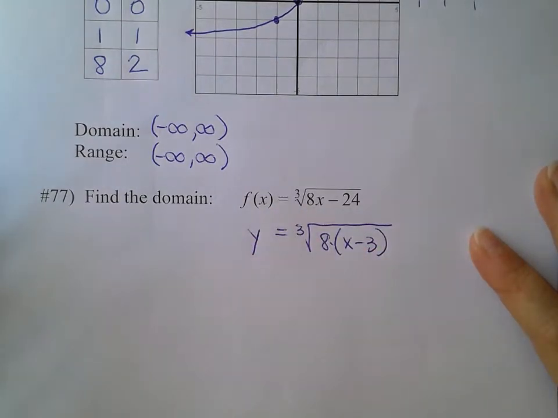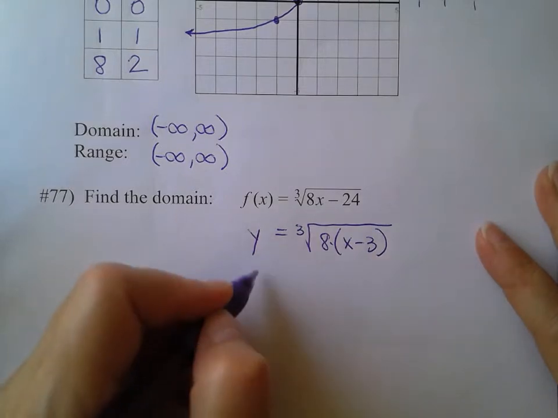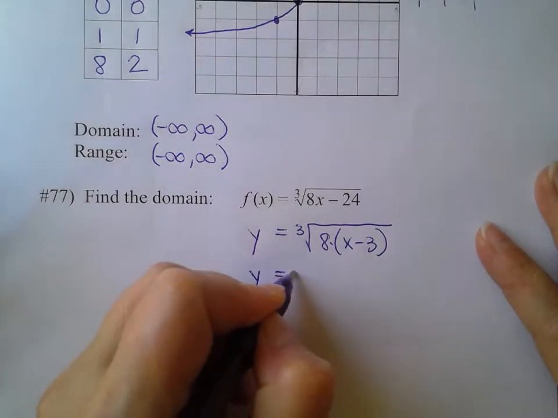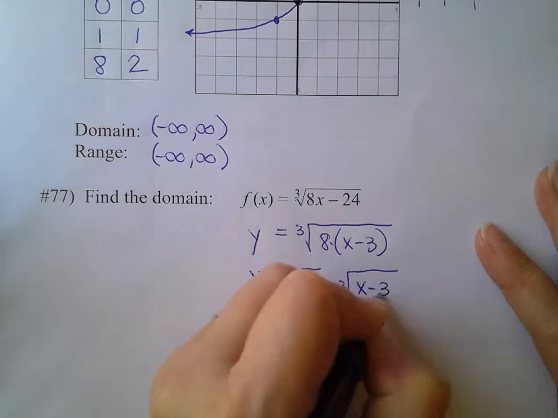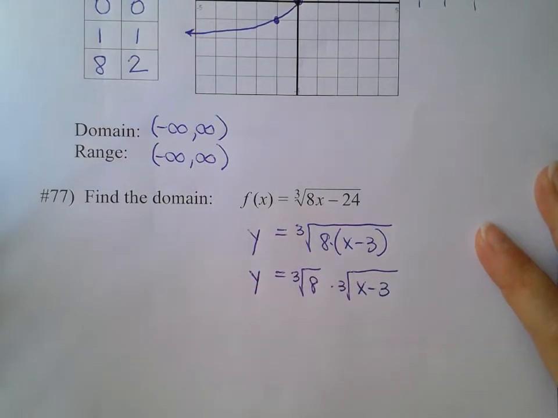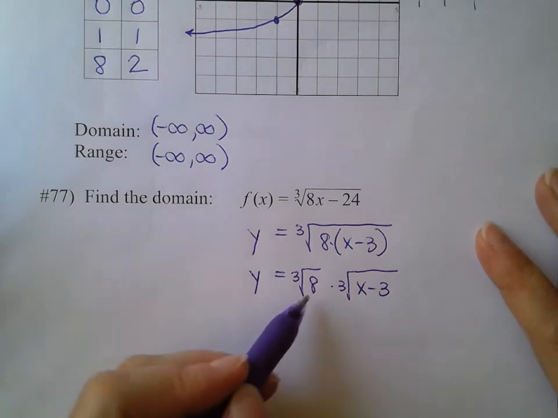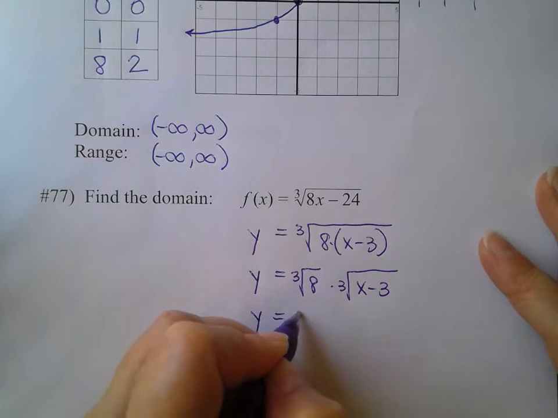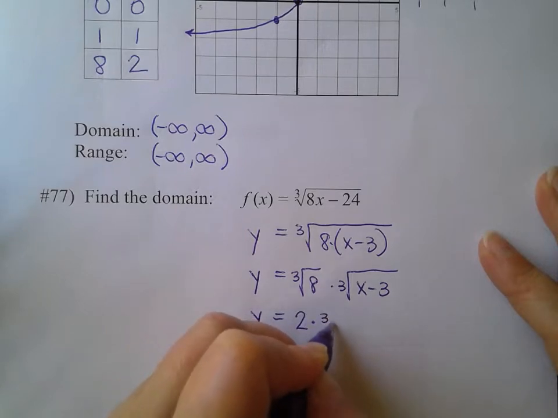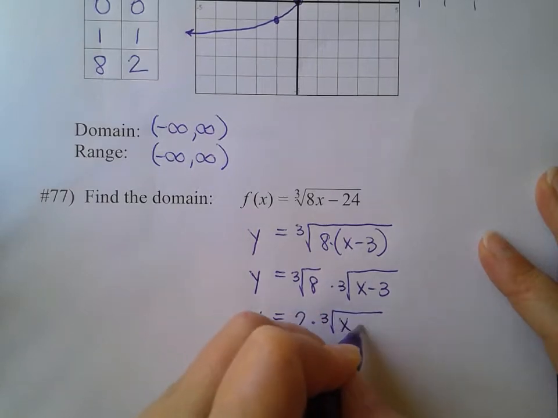Those two things are multiplied. I'm allowed to break up the cube root in terms of multiplication. So I could think of this as the cube root of 8 times the cube root of x minus 3. I already know the cube root of 8. That's 2.